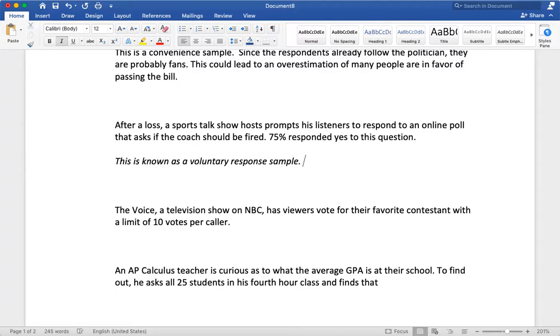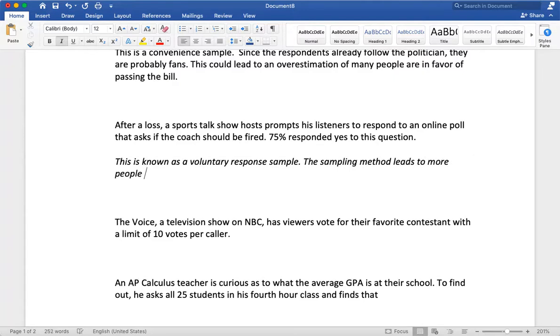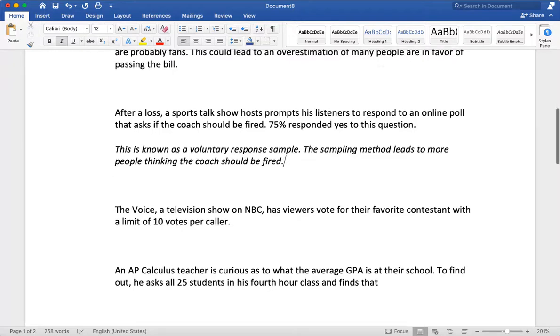On this one, it appears that the sampling method that they chose leads to more people thinking the coach should be fired. Probably not 75% of people think the coach should be fired, because they didn't really randomly sample fans of this team. They just asked people to go to this website, to opt in and be a part of this.